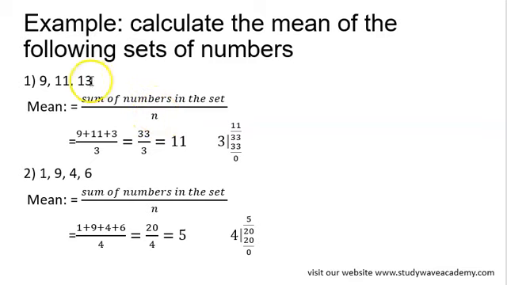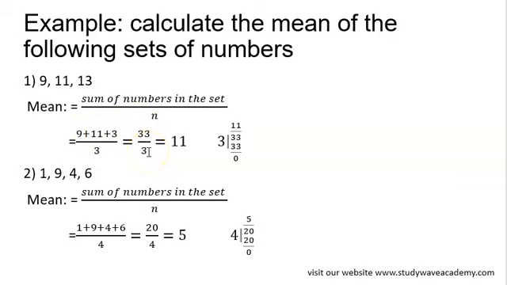So we input our numbers into our formula: 9 plus 11 plus 13, over the amount of numbers we have. Here we have 1, 2, 3, so 3 numbers. We add these 3 numbers together, divided by 3, and that gives us 33 over 3.